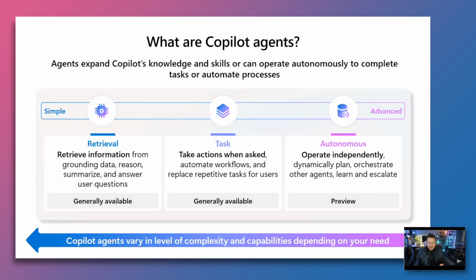So when we look at agents, there's a variety of different agents that we can build. Probably the most popular one that most of us are used to from the consumer side, whether you're using ChatGPT, Gemini, Perplexity, whatever, or Copilot, is just asking that large language model something and getting an answer back. That's a very common way that we do that.